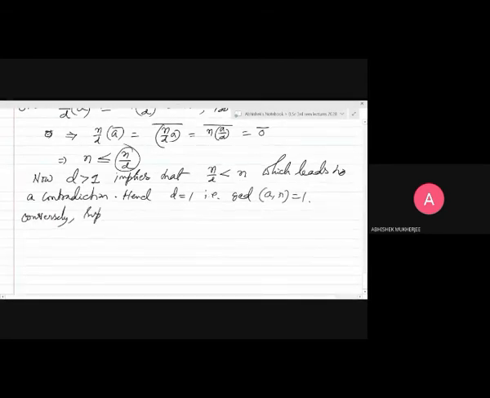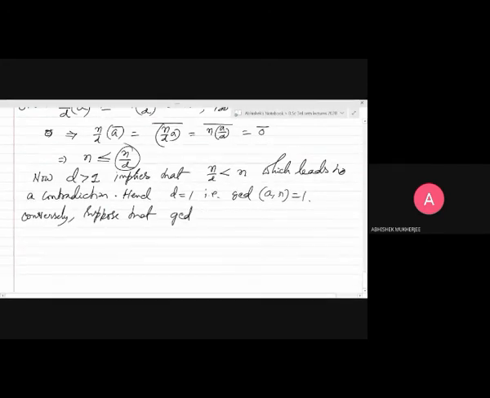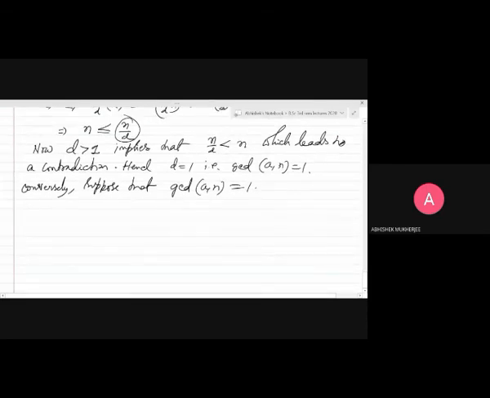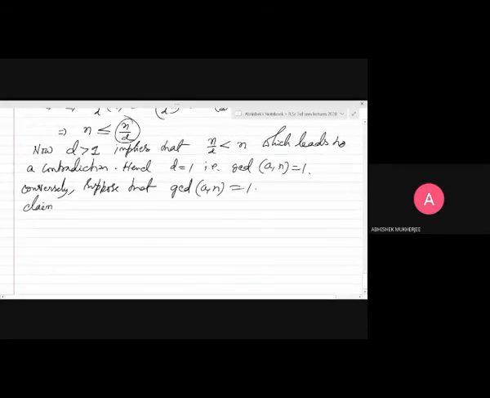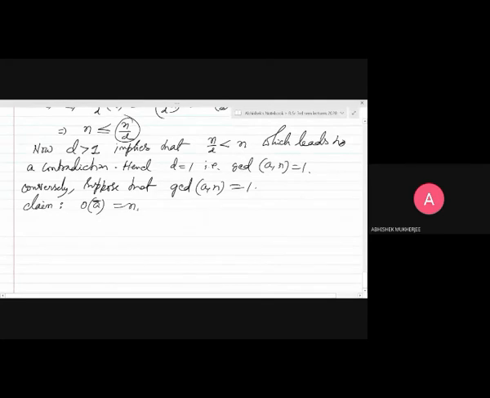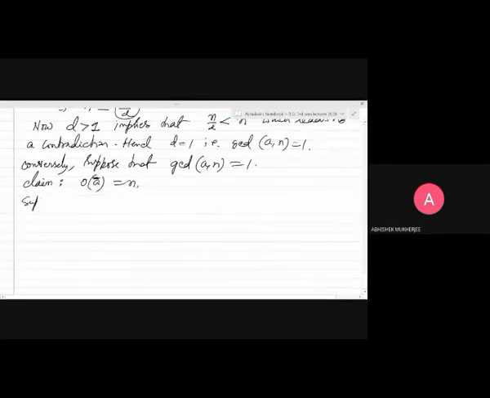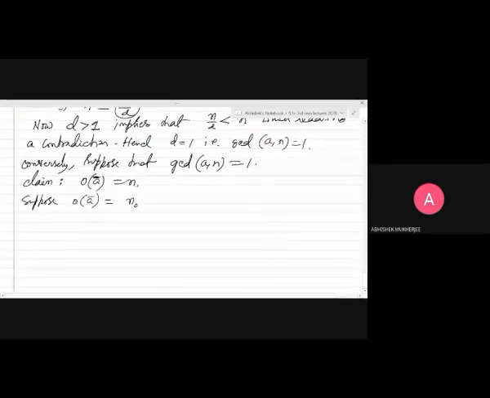Conversely, suppose that GCD of a comma n is 1, and our claim is that order of a class is n. Suppose order of a class is n naught.